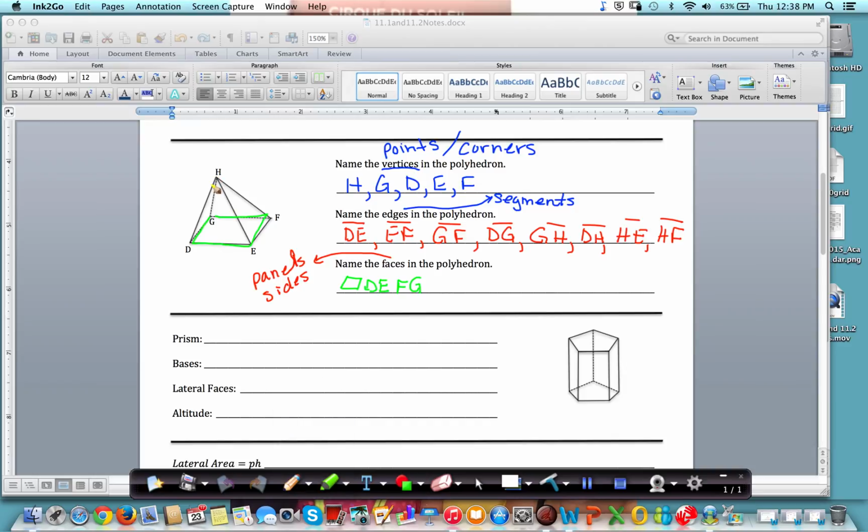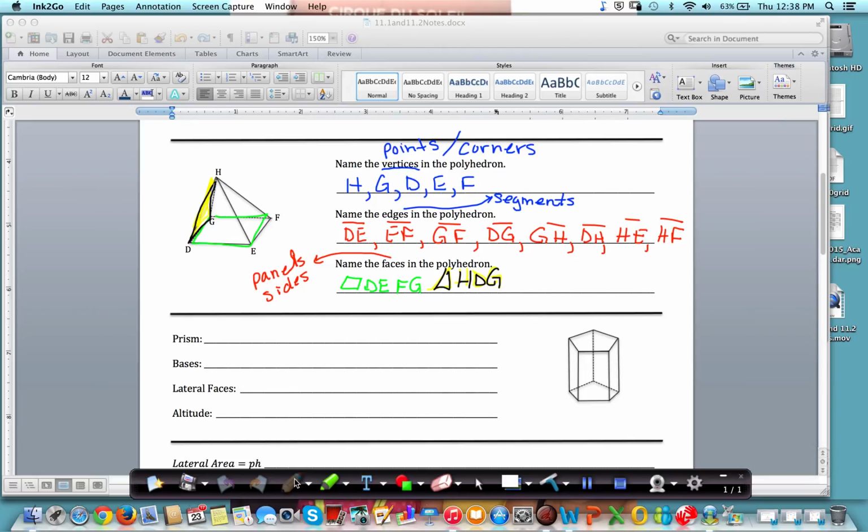The one off here to the left is the shape of a triangle, HGD. I know that's really hard to read, so I'm going to trace it over with black for you. So we're talking about that triangular HDG. And we use the little triangle symbol in front.